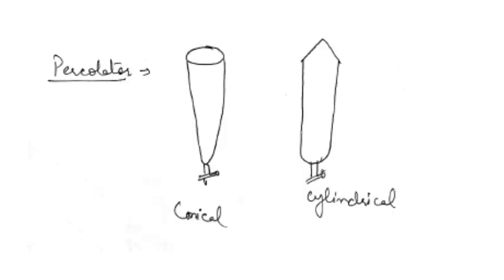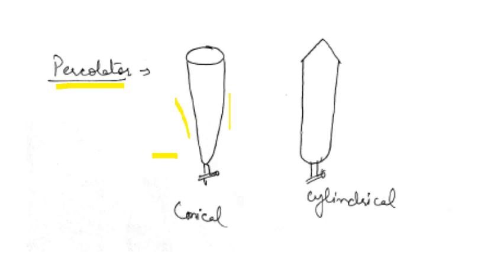Percolation is carried out in a percolator. What is a percolator? It is a narrow cone shaped vessel. You are able to see here the percolator, a narrow cone shaped vessel which is open at both the ends.